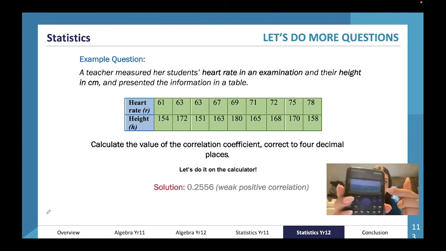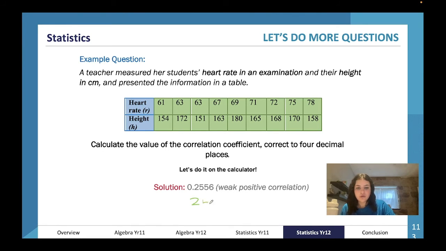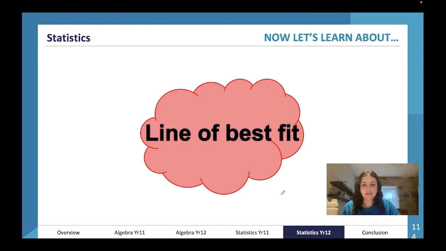The solution to the closest 4 decimal places is 0.2556. We have to round up the 5 because it was 0.25556, which means we round that up to a 6. Okay, I think you guys should be following. I went through that nice and slow.